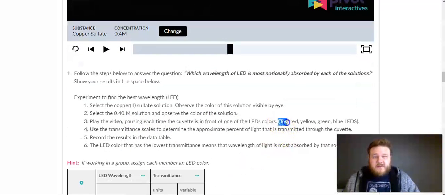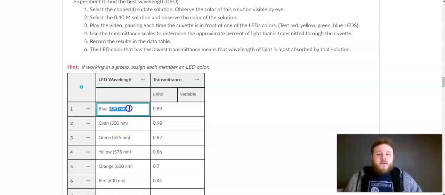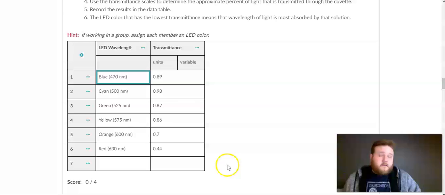But I want to go through each of the LED lights, okay? It says test red, yellow, green, blue. I tested each of the colors, and also the wavelengths. You may not know what the wavelengths are. That's okay. No big deal. You don't have to do any calculations with the wavelengths. I put those there so you know what the wavelengths are. That's a helpful thing to know.